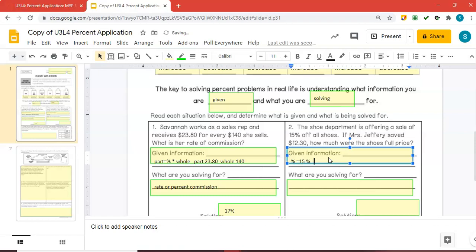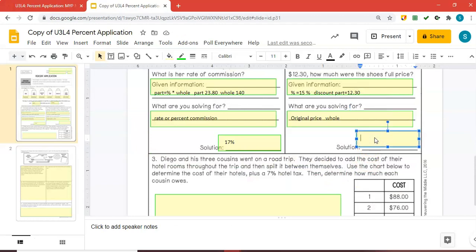We also know the sale, or the discount, which is the part, right? And that was $12.30. We are solving for the original price, which is the whole.